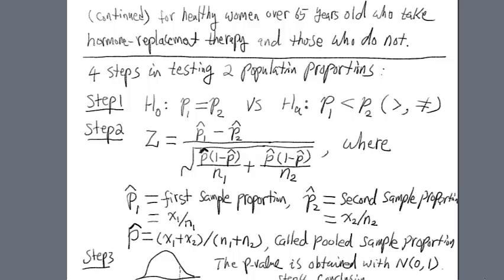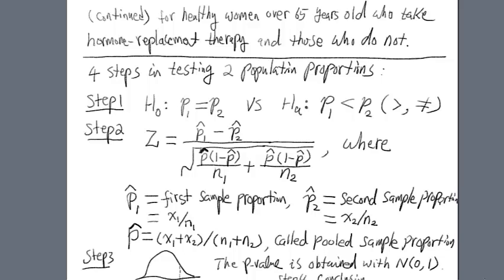The p-value is based on the standard normal distribution. So we draw a standard normal curve and we label the statistic value Z. The p-value really depends upon whether HA involves a less than sign, greater than sign, or not equal sign.